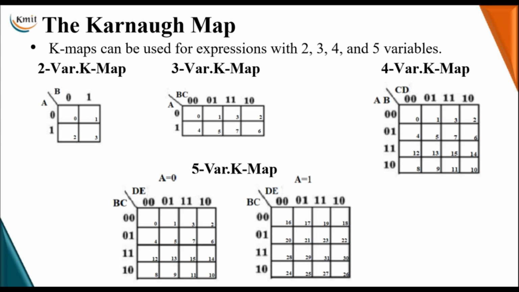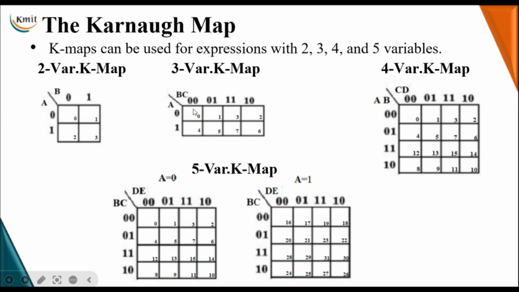Based on your function, for the 4 possible minterms or the 4 possible maxterms, you place your functional values in those corresponding cells. That is called the mapping method. So mapping is nothing but placing the functional values onto the corresponding cells of your K-map.